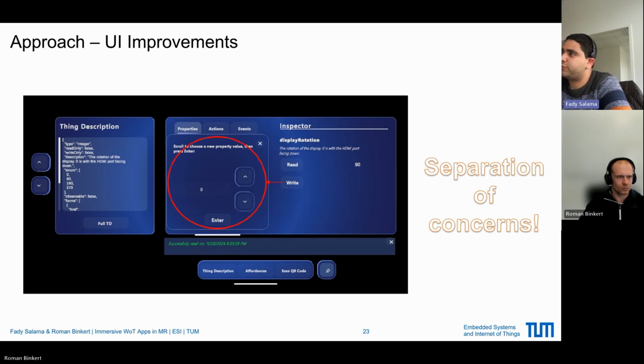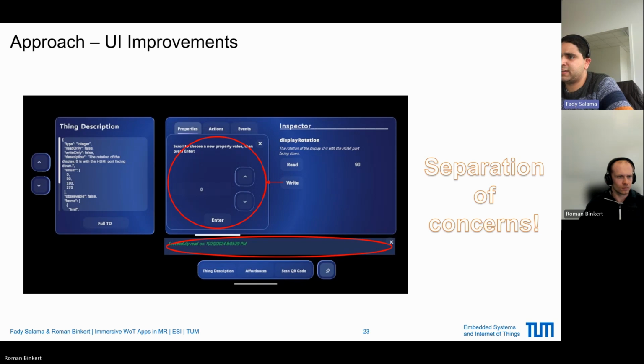And if you want to do some kind of writing or some kind of input, you get a smaller menu, which is basically just concerned with putting the inputs. And that menu is in front of you, so you don't need to run to always do a certain interaction.